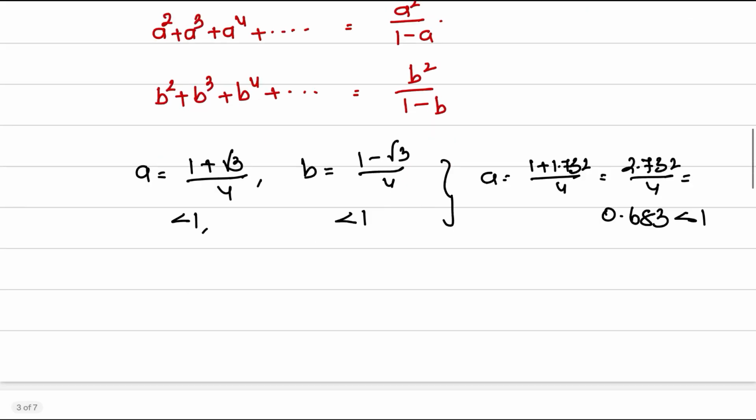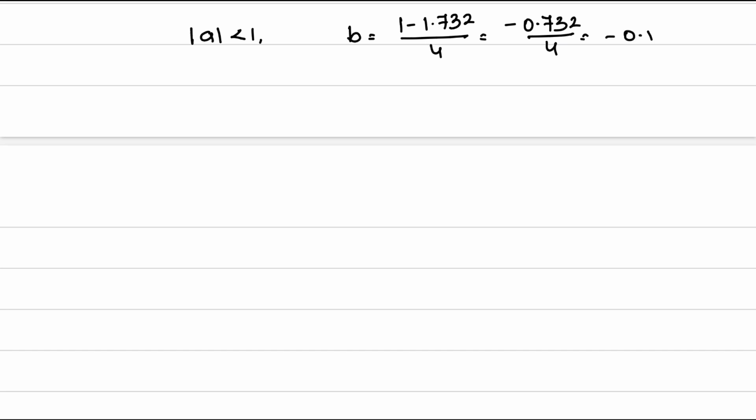That means the absolute value of a is less than 1. Then what is b? b is equal to (1 minus 1.732) by 4, that is equal to minus 0.732 by 4, because root 3 is 1.732, that is minus 0.183. That implies the absolute value of b is less than 1, because the absolute value of b is 0.183.